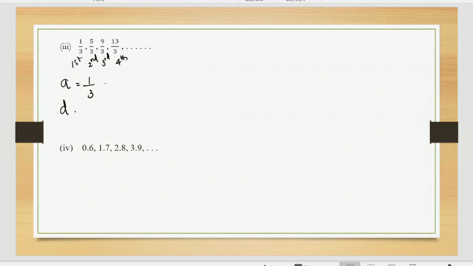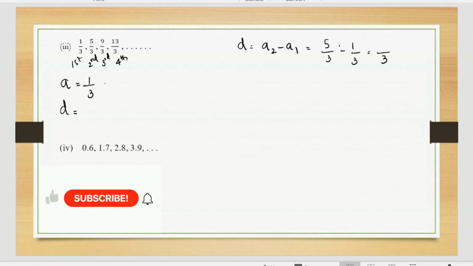Let us find the common difference D. D is equal to A2 minus A1, for the first two terms. A2 is 5 by 3 minus A1, which is 1 by 3. If you take the LCM, it is 3, and we get 5 minus 1 is 4. So the common difference is 4 by 3.